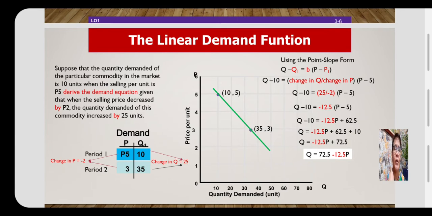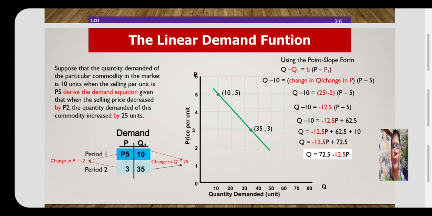Now, let us have this slide again. In fact, we have the same problem, but what is different is the use of "by" instead of "to" from the given problem. Take note of the problem statement.